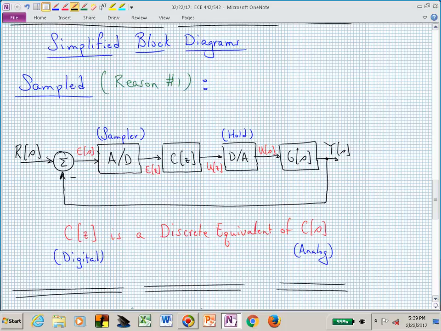They have an analog controller that they've designed, and now they're in a senior project, and they're told you need to do this with a computer. I had my op-amp circuit all built. No, you have to replace it with a computer. Now you can implement that C of S with a C of Z. That's the idea. That's scenario number one.